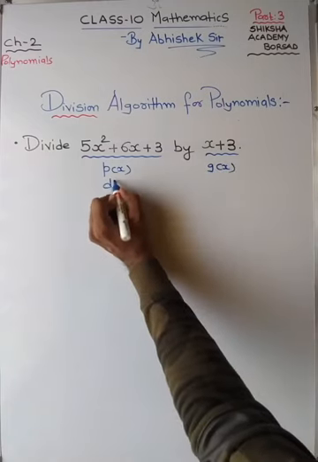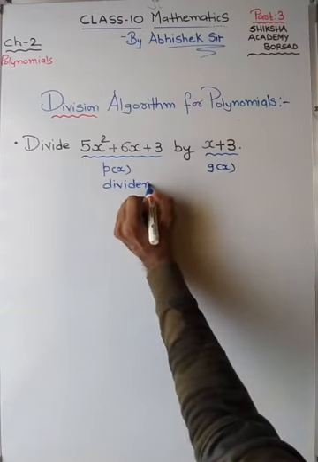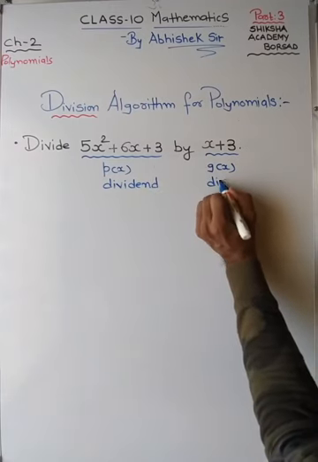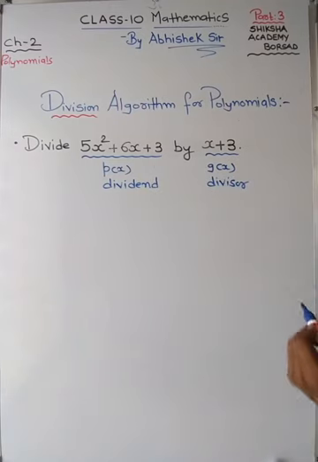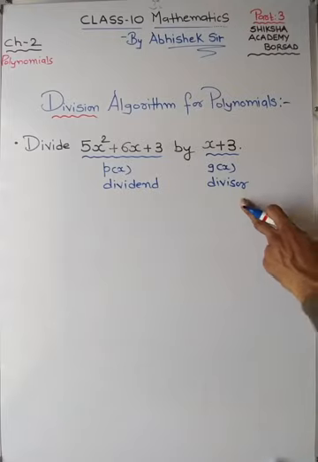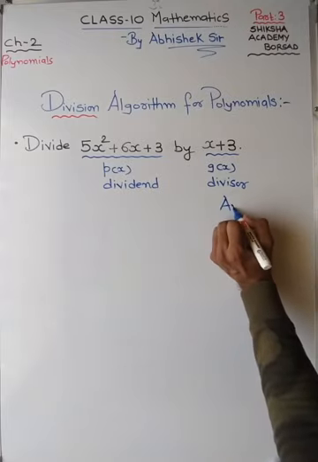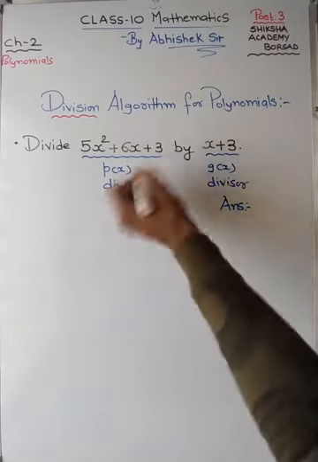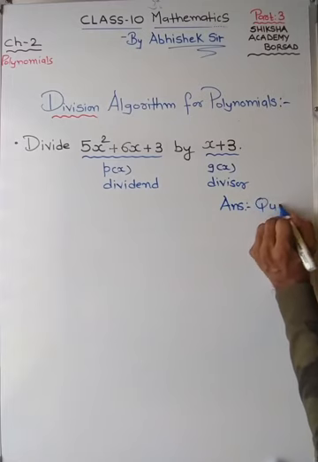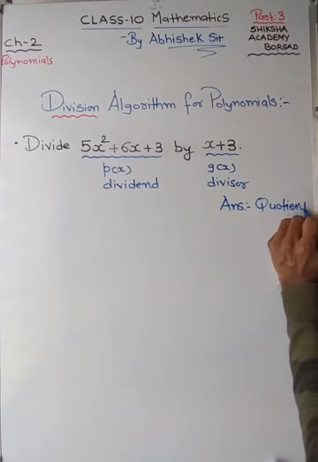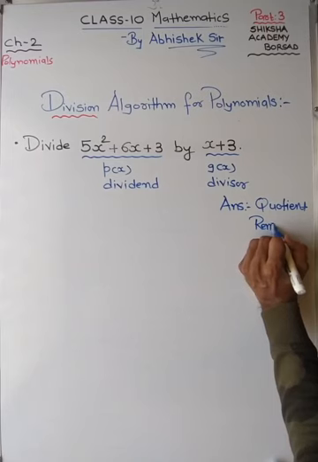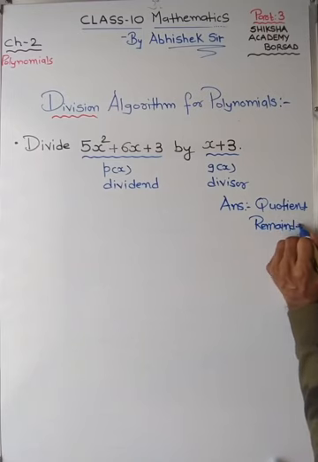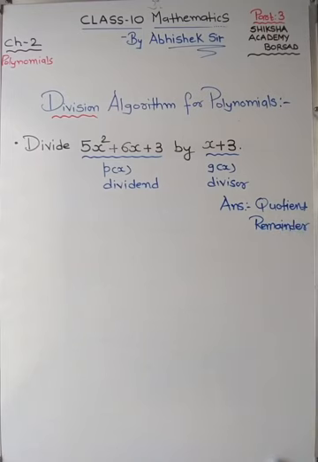So this is our dividend and this is our divisor. If we divide the dividend by the divisor, we will get the quotient first of all, and also the remainder. So let us start with the division process.